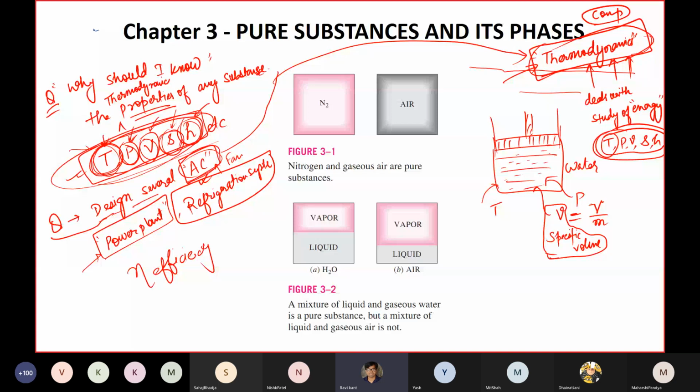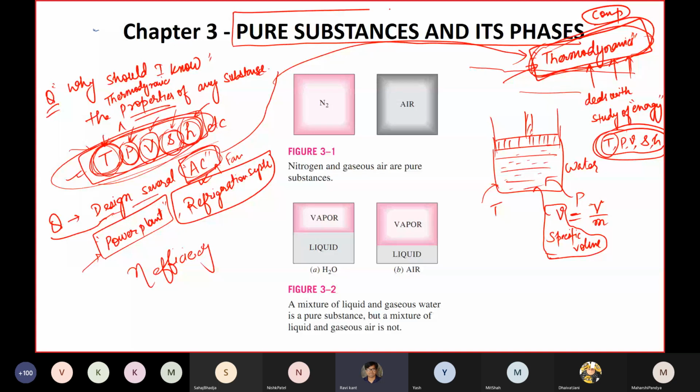Although thermodynamics is a very vast subject, and I cannot cover it in one class because it is a whole course, I want to skip some things but I'll try to make things more comfortable, since you are not from a mechanical background. Let me know if you face any difficulty. The first thing I'm going to talk about is the pure substance.